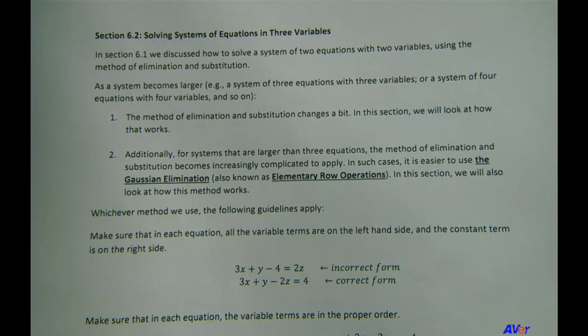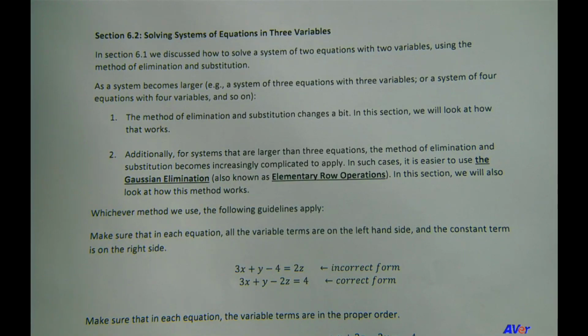The second technique is another technique called the Gaussian elimination, or Gauss-Jordan elimination, or the elementary row operations. All those three names apply to the same technique. But that technique, the Gauss-Jordan method, will be different than what we are discussing as the method of elimination and substitution.